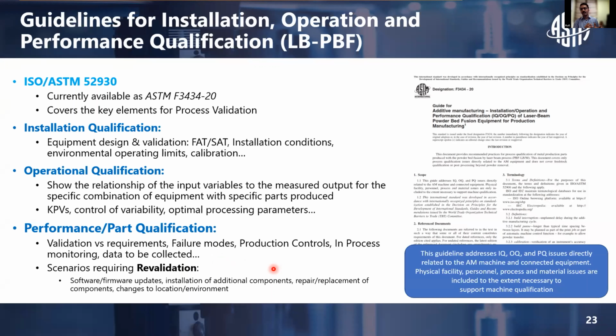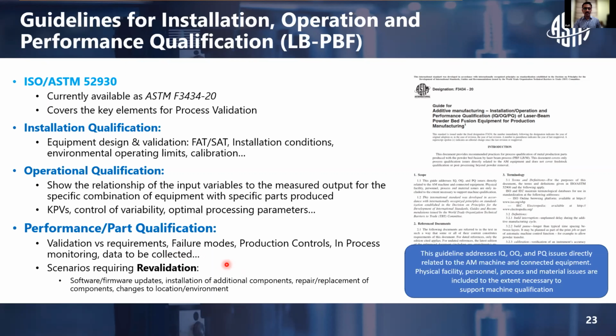You have to have documents like PCDs, process control documents in place. You have to have data of in-process monitoring, and all those things need to be documented and continuously monitored. So those are the activities that fall under performance or part qualification.